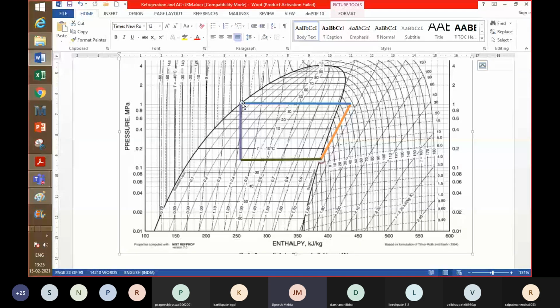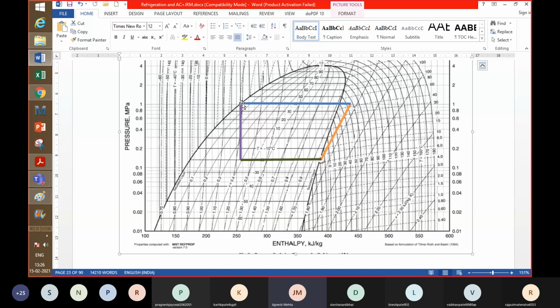One of the reasons why you are getting this subcooling is that the ambient conditions are very favorable right now, and the air is available at quite low temperature for cooling the condenser. In summer, the ambient itself will be at a high temperature, so your condensing temperature will also increase, and you will struggle to get a fair amount of subcooling, right?